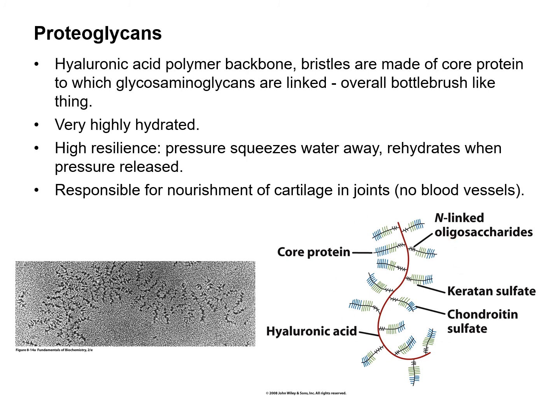But the rehydration happens when the pressure goes away, so it's released. And it is responsible for nourishment of cartilage in joints too, where there are no blood vessels, because you can basically put a lot of water molecules there and contain them.